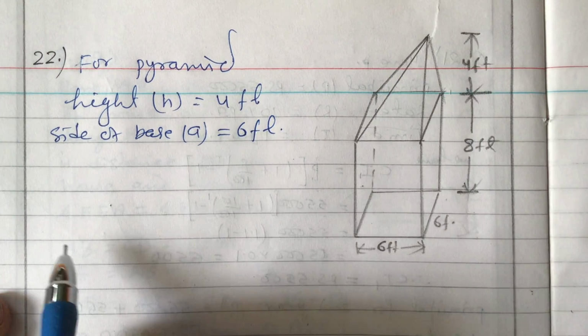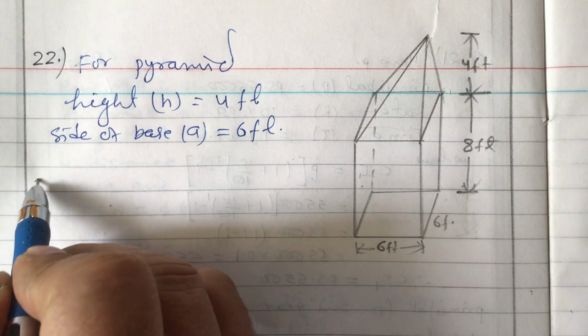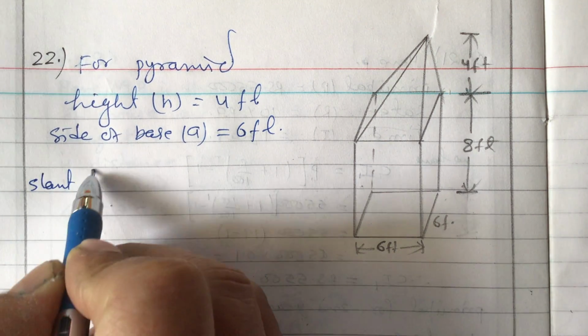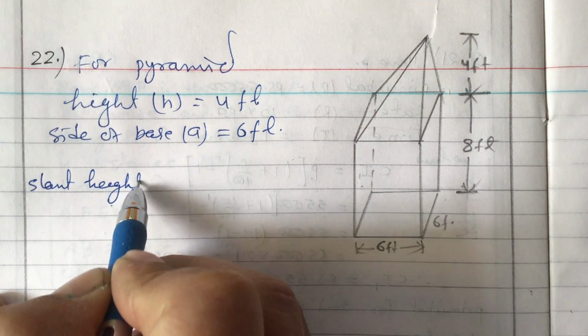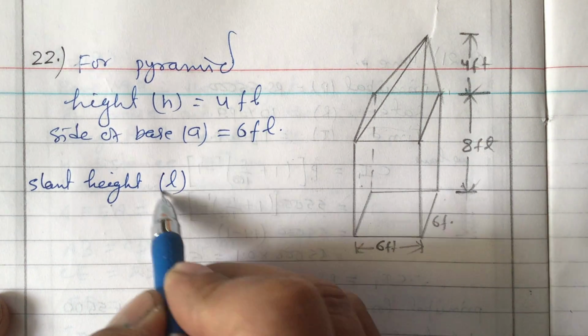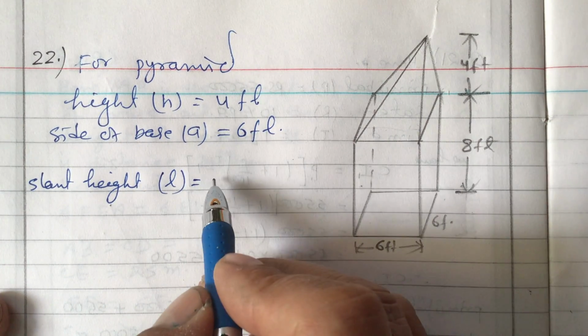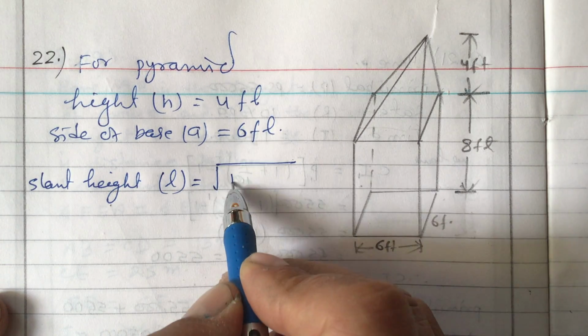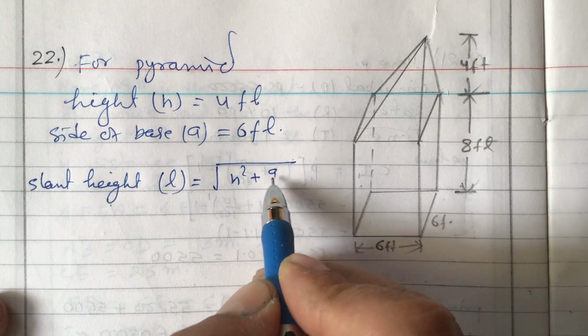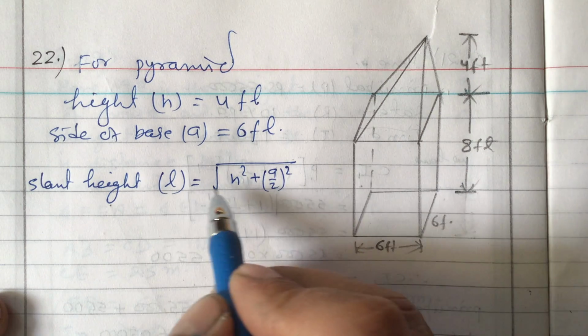So now we need to find the slant height. The slant height is denoted by L, equals root under h square plus (a by 2) whole square. This is the formula to find slant height.